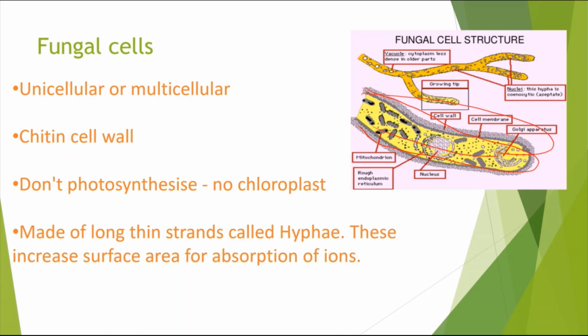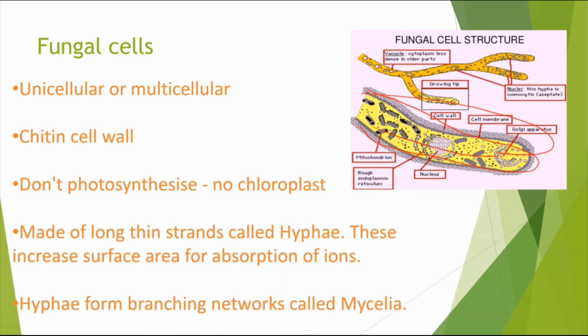So hyphae, and these increase the surface area for absorption of ions. So as they're thin and long, they have a higher surface area, therefore they can absorb more ions. And the hyphae form branching networks called mycelia, which can further increase the surface area for fungal cells.